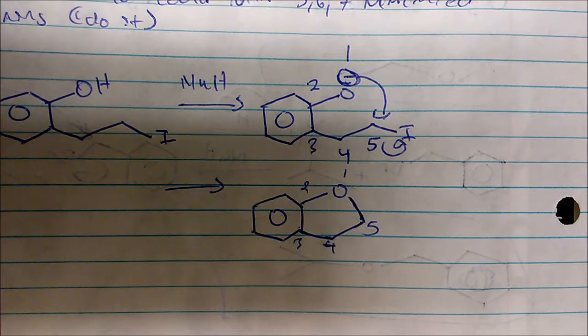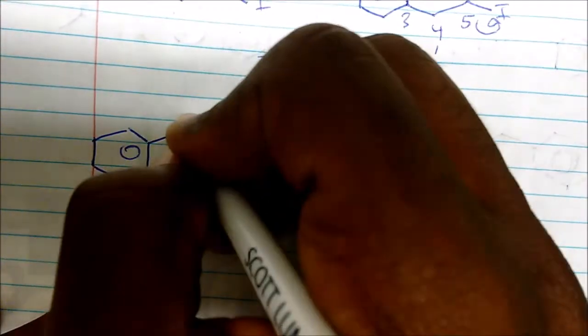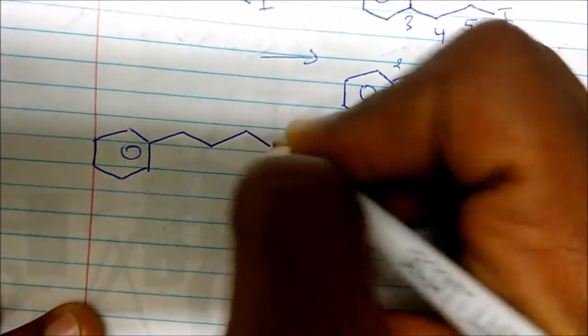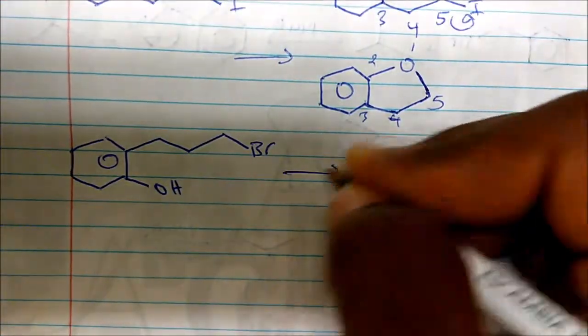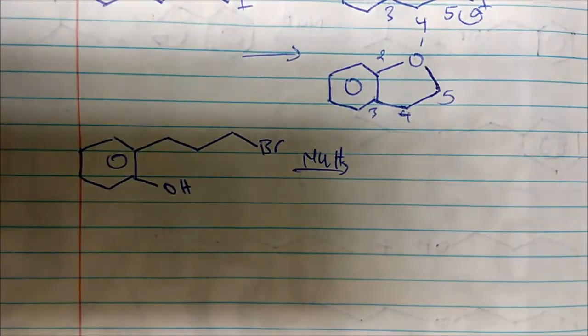So let's see what examples I have here. Maybe if I were to give you something like this, all right, so maybe I gave you this example and you were to add sodium hydride, what will be the product? Well, again, I see that I could form a 5, 6, or 7 membered ring.